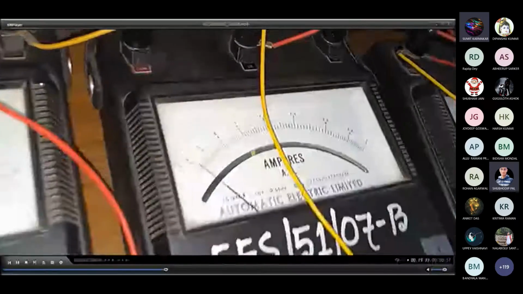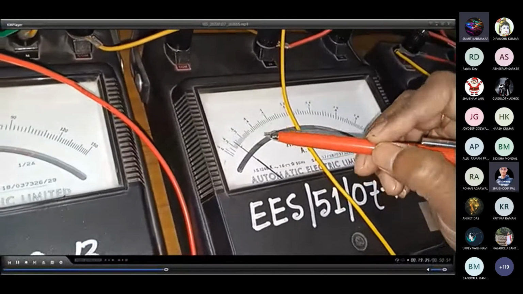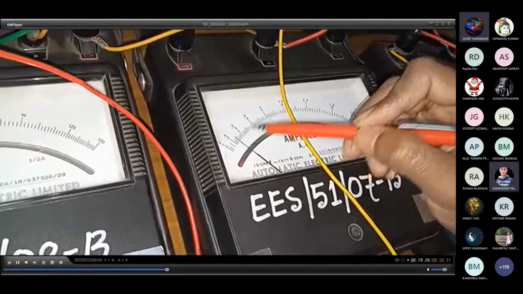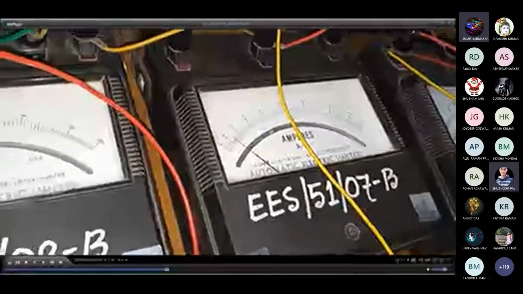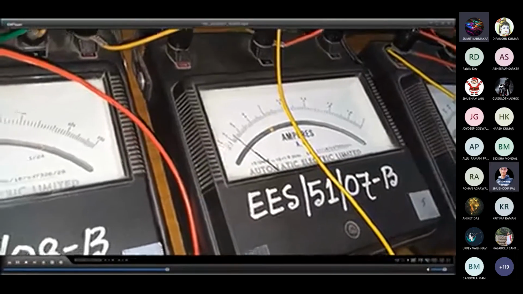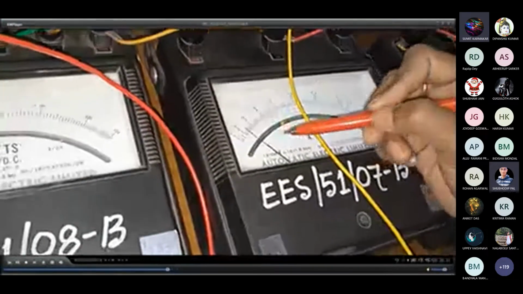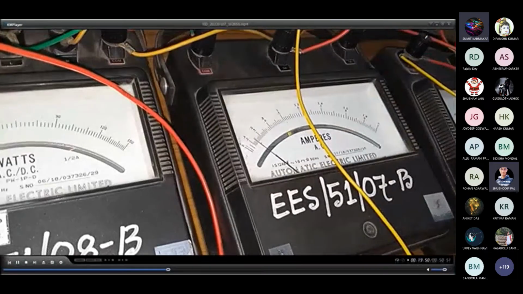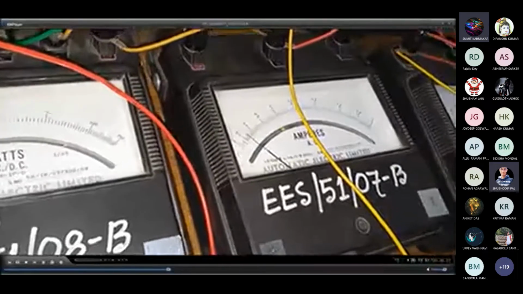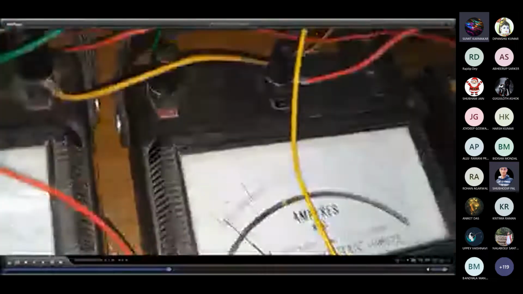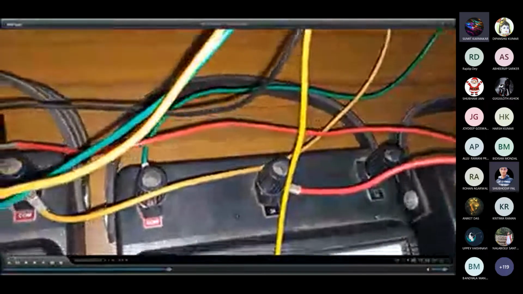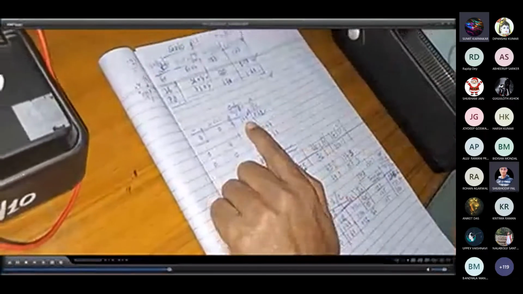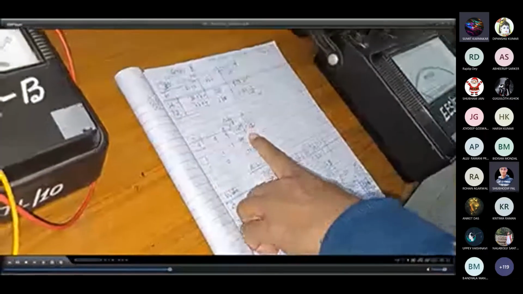So it is 0.4 plus, the middle one is 0.5, so each division is actually 0.02. It is showing exactly 0.02 more, so it is 0.42. All right, so we are noting 120 volt, 0.42 is the current value.